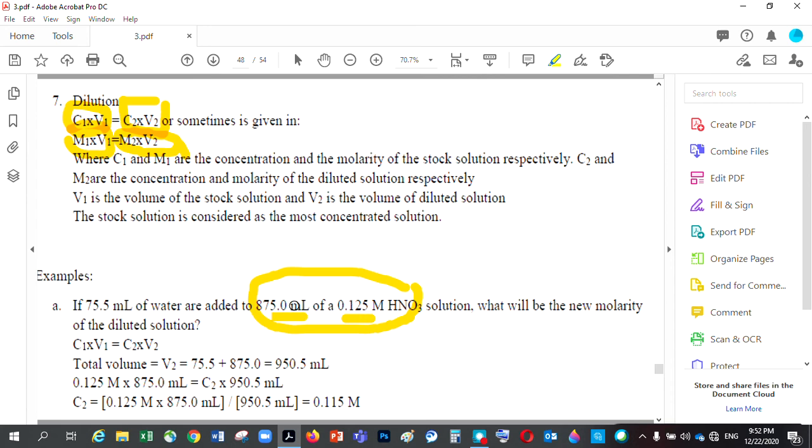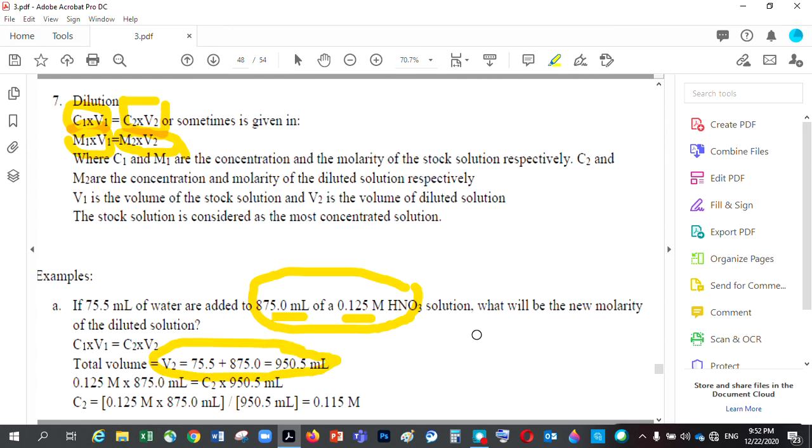So I'll put this one here. Multiply those together: C1 V1 equals C2 V2. I don't know the concentration of the diluted solution, but I know its volume. Watch out for the volume here.